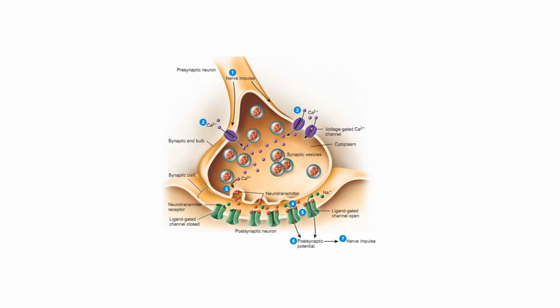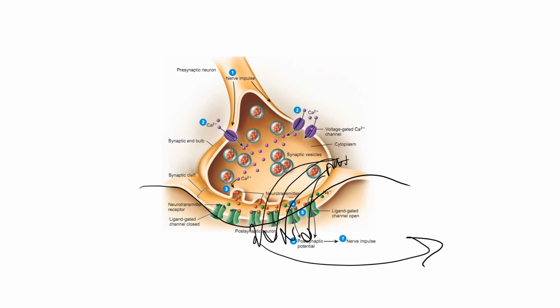So just to create a visual, all these waves of positivity, depolarizations, whatever you want to call them, are headed from the different dendrites towards the hillock. Okay. Sodium is coming in through all of these ligand-gated channels, because the neurotransmitters are causing them to open up and allowing sodium to rush in, making these regions more positive, and these positive waves are all headed towards the hillock.